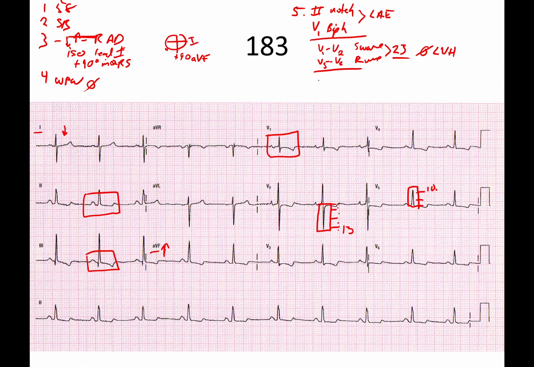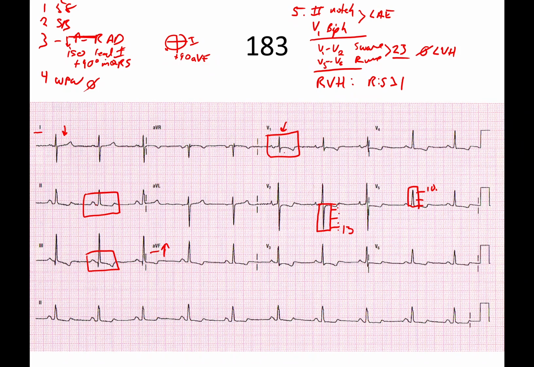Now we'll look for right ventricular hypertrophy. What we're looking for is a ratio where the R wave is greater than the S wave. So an R to S greater than 1. If you look closely at this, you'll see that R wave is larger than the S wave.